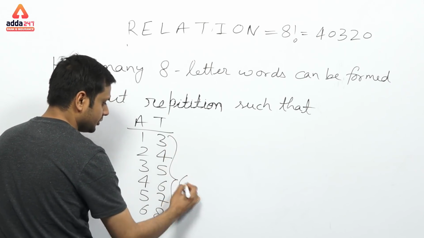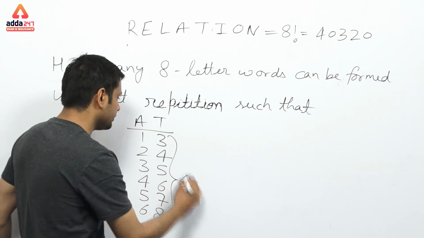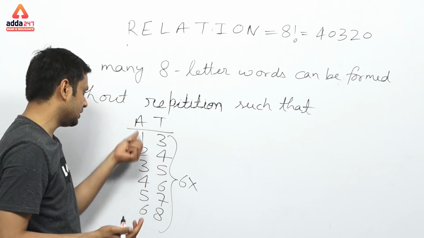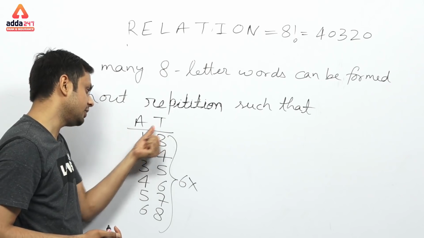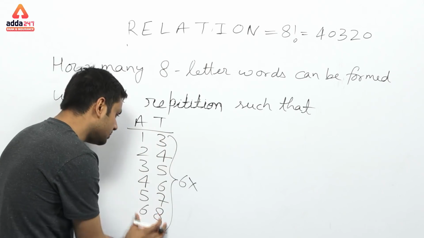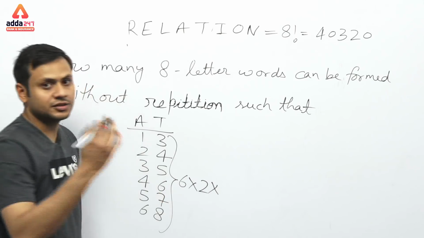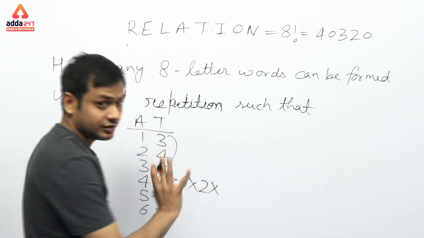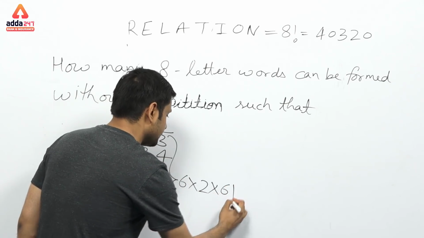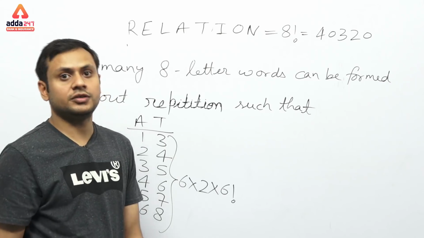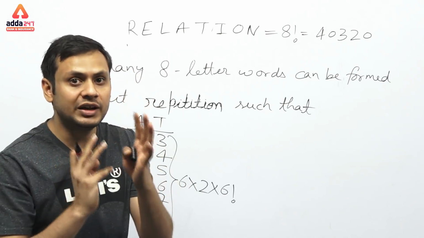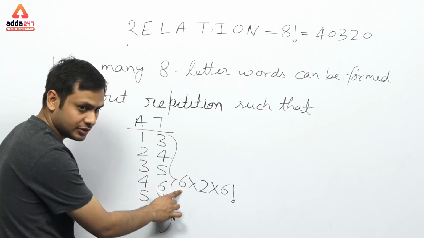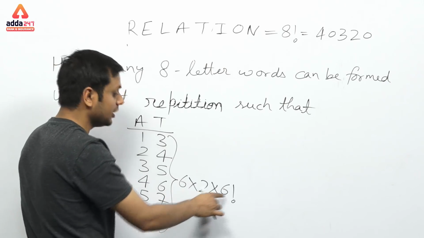Total, can I say 6 possibilities, into 2, because they can interchange their places. It can also happen that A is appearing at third place and T is appearing at first place, means reverse of these, so into 2. Now how many letters are left here? We know that overall there are a total of 6 letters left that can be arranged in 6 factorial ways. We do not need to worry about which letter will be between A and T, right? So A and T can be, basically their places can be in 6 ways and they can interchange their places. That's why 2 into 6 factorial.